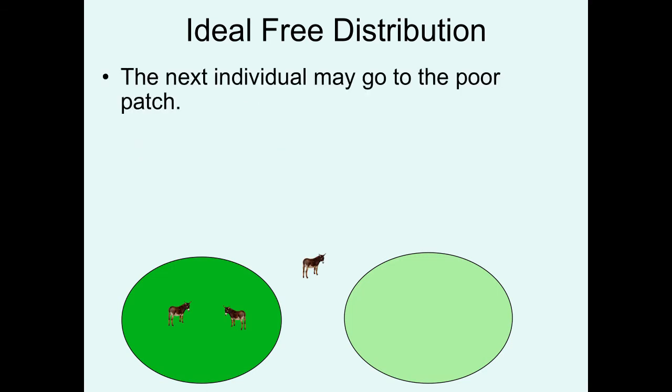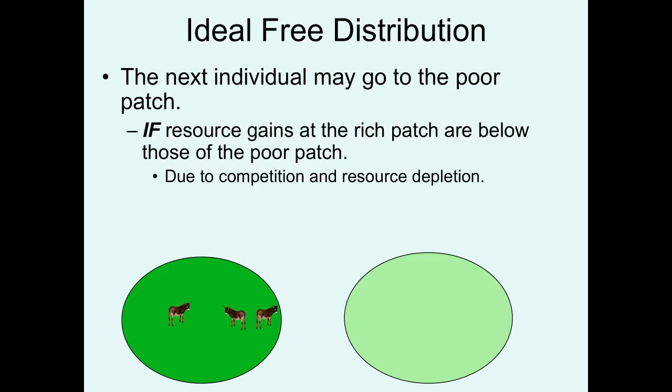But what is this next individual going to go do? They may actually attempt to go to the resource-rich patch, but find because of the competition for the resources there, the previous individuals may have depleted the resources at this patch, that it actually may be better to go to the relatively poor resource patch. But again, this is only going to be true if the resource gains at the rich patch are now below those of the poor patch.